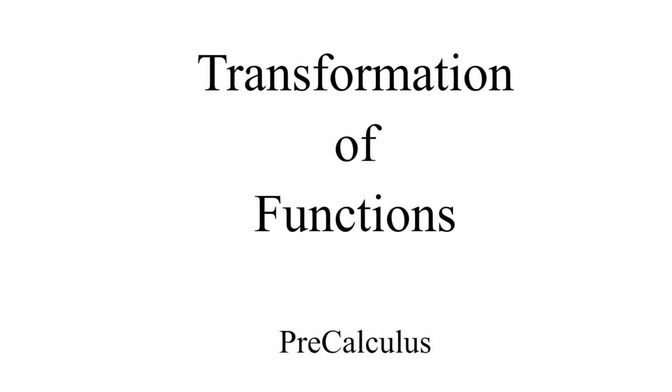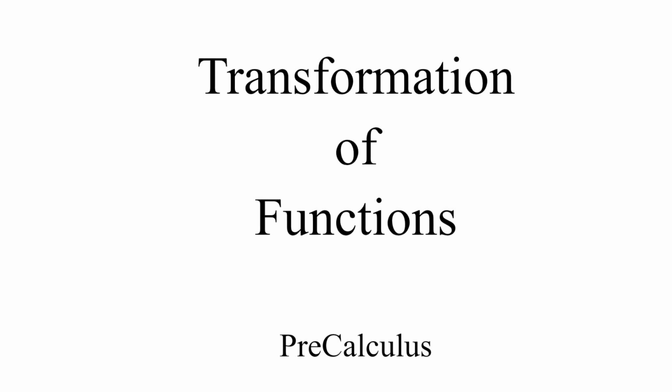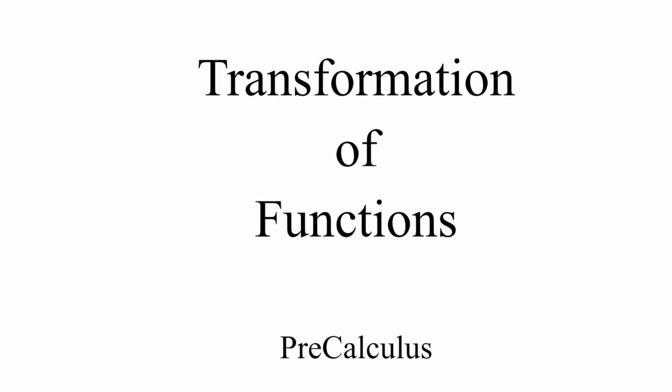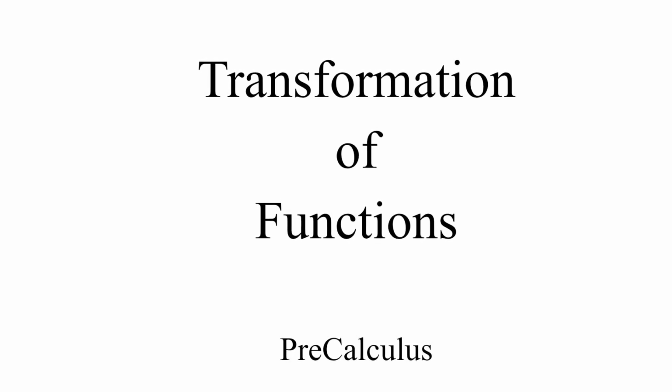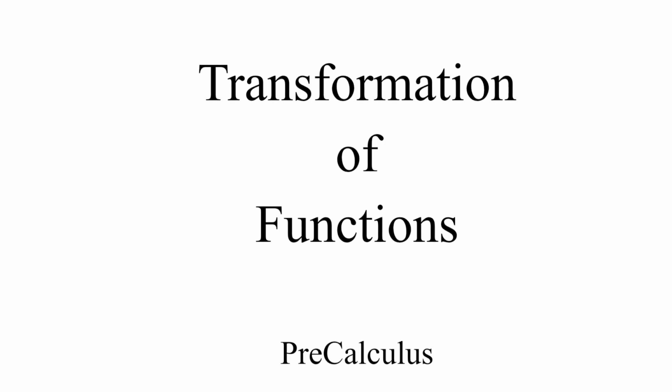Example 11. A common model for learning has an equation similar to k of t equals negative 2 to the negative t plus 1, where k is the percentage of mastery that can be achieved after t practice sessions.